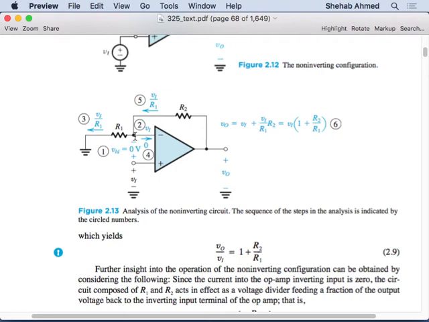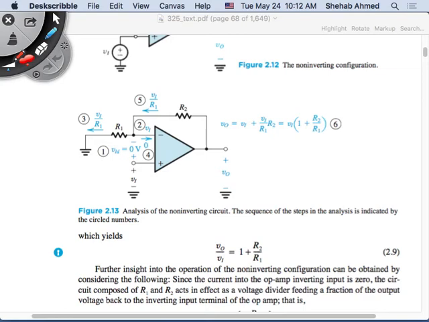It's not going to be Vi in this case, right? Ideally, V1 is equal to Vi. In this case, V1 will have a value. This value is derived from the knowledge that the open loop gain multiplied by V2 minus V1 is equal to V output. That is the output equation. V2 is equal to Vi.